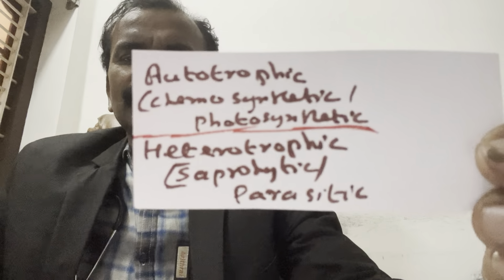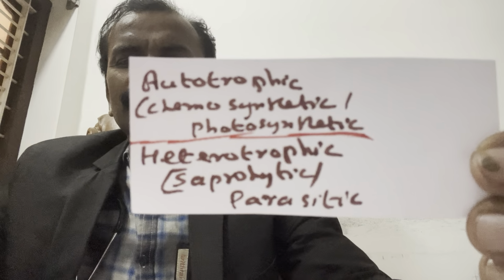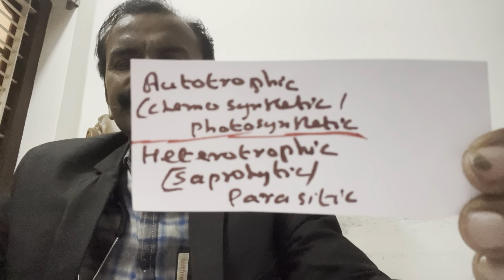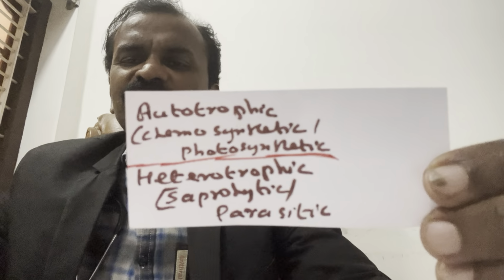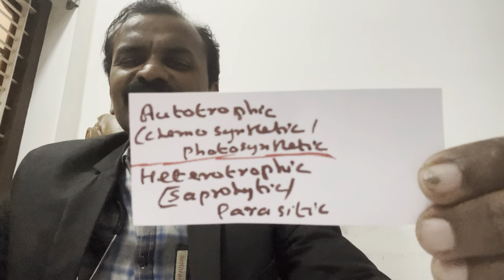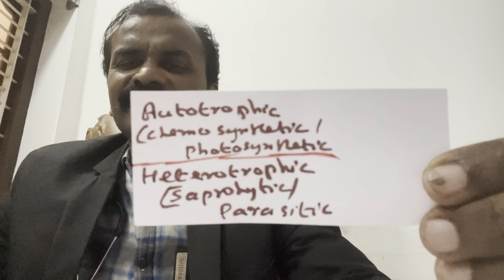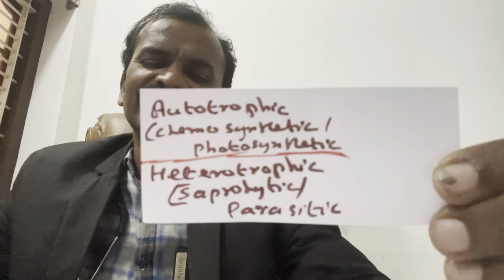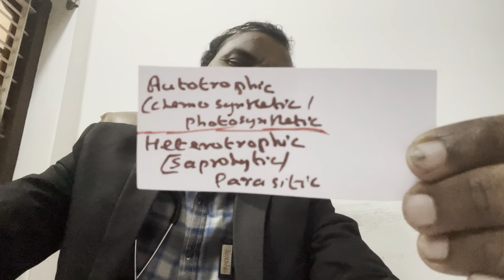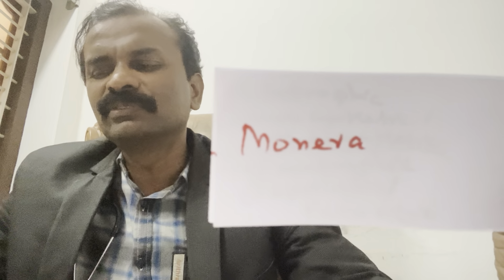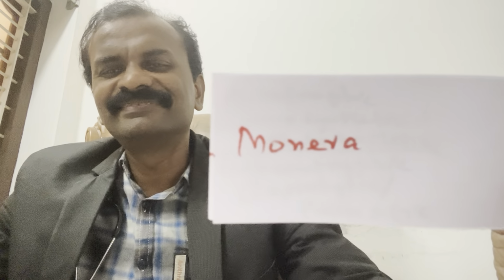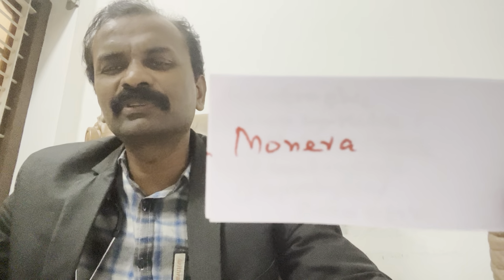Autotrophic, heterotrophic, main thing, and 2 subdivisions each: 6 features. This is for Monera.